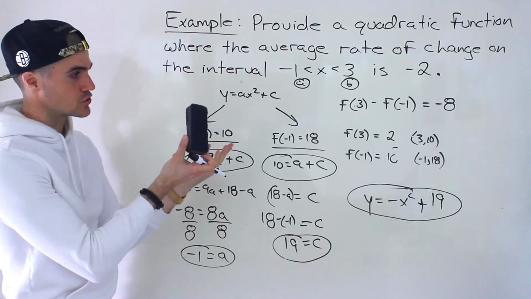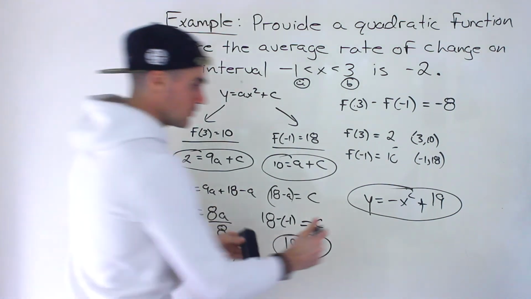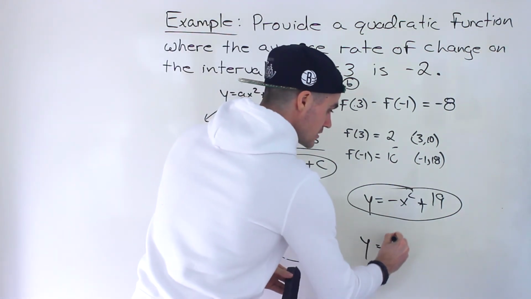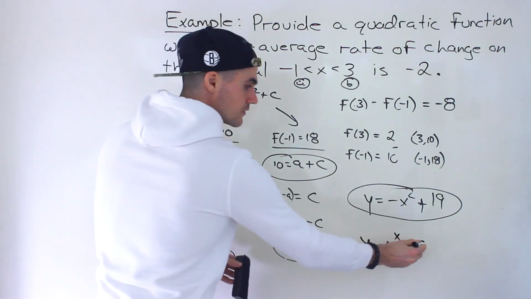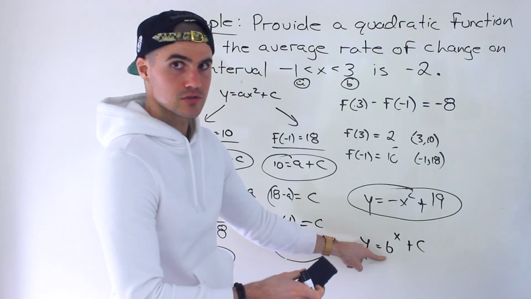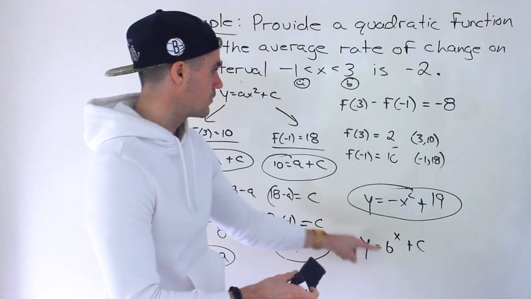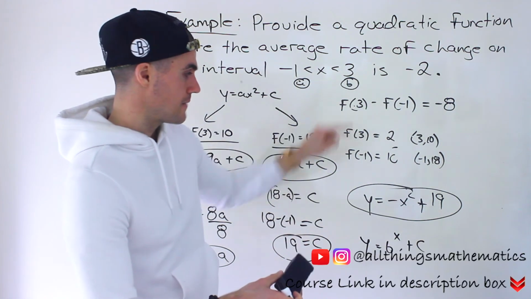In this case, it was a quadratic. Let's say that we were told it's an exponential function. Well, then we can just maybe use something like b to the power of x plus c. Whatever format of a function you use, make sure that there are only two unknowns to solve for, right? Because you're only going to have two equations that you can create from that.